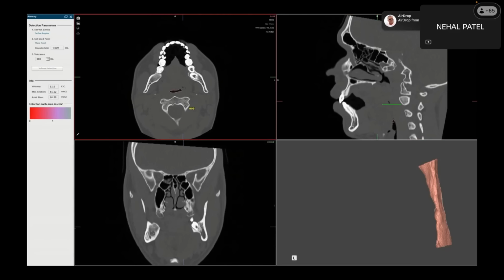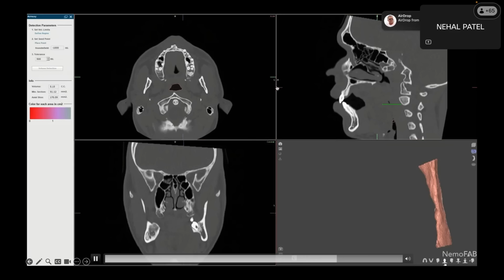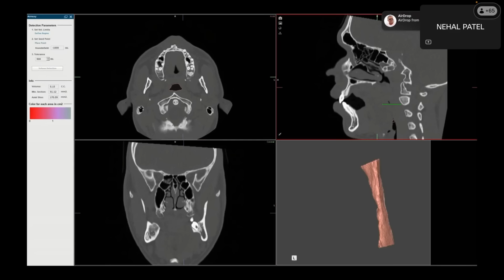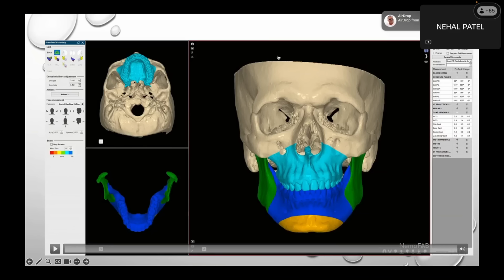It's a 3-dimensional measurement, not just an anteroposterior measurement. The normal airway volume for a normal individual is around 15 to 20 cc. So this is the entire process, how I plan this patient.